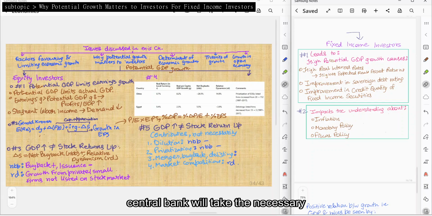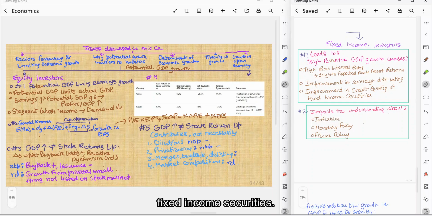The central bank will take the necessary corrective action, and it also helps us to gauge the fiscal policy as well. So by paying attention to these three things, we could better manage a portfolio of fixed income securities.